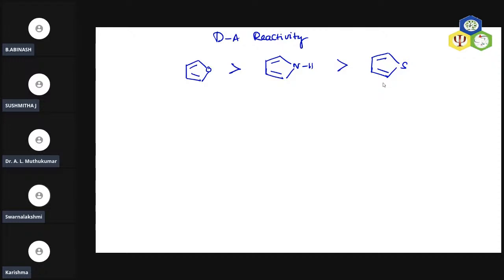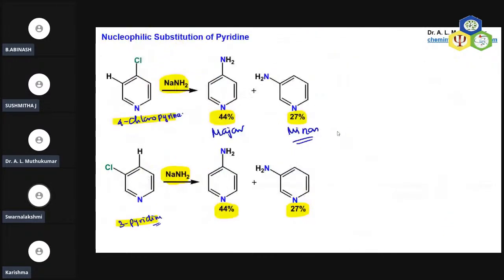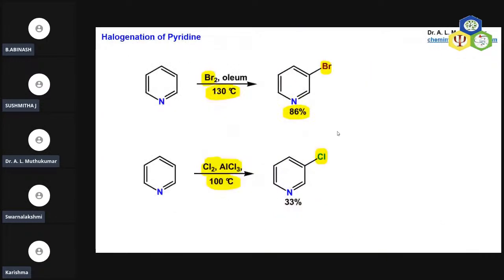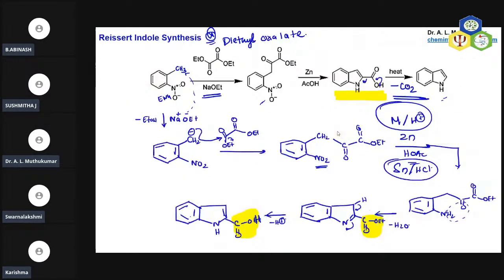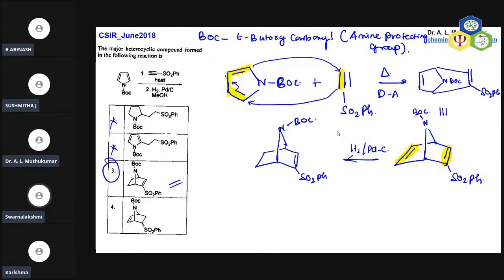What if we use the bare pyrrole ring for the reaction? What difference does it make, sir?